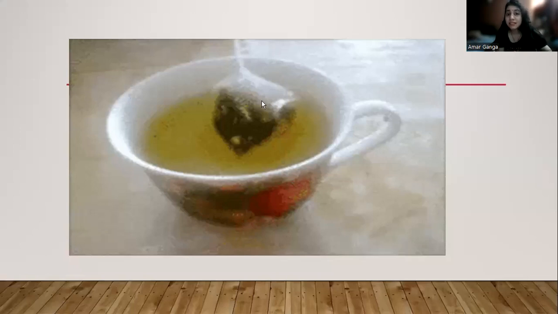Now there is another example of a tea bag. When we put a tea bag into a cup of water, it automatically mixes in the whole cup of tea, and it happens due to diffusion again. Tea bag content diffuses into water. So where is the higher concentration? Higher concentration is here on the tea bag, right?